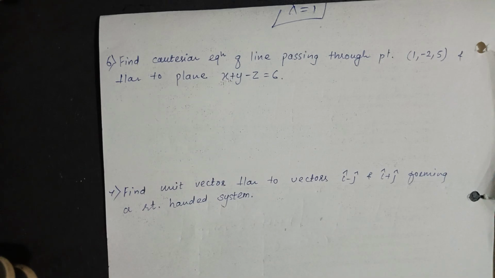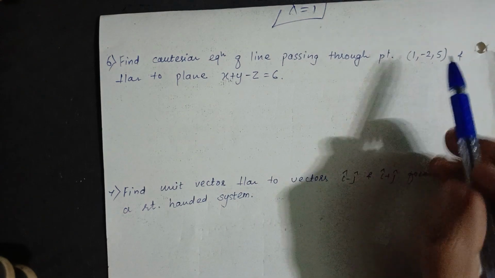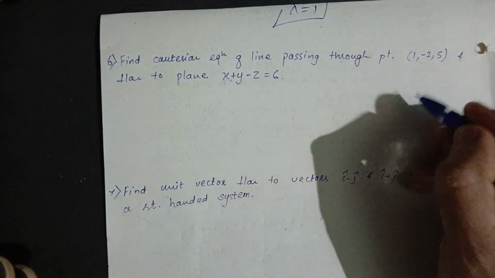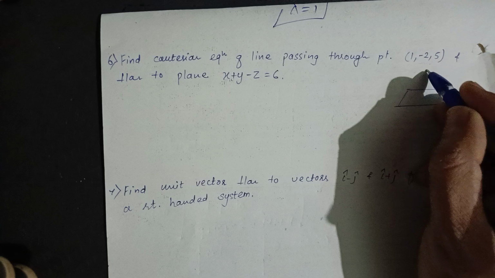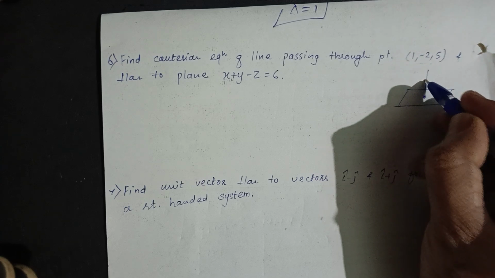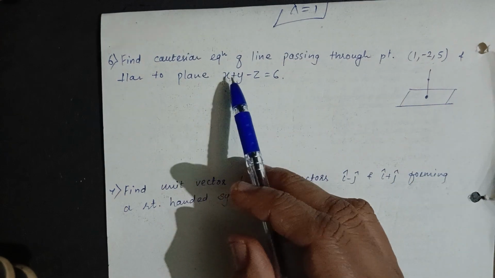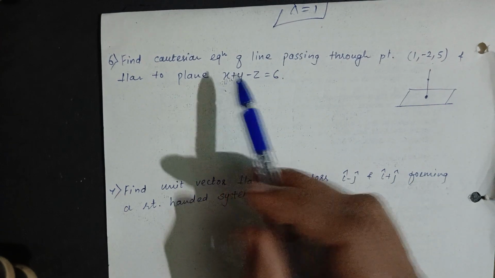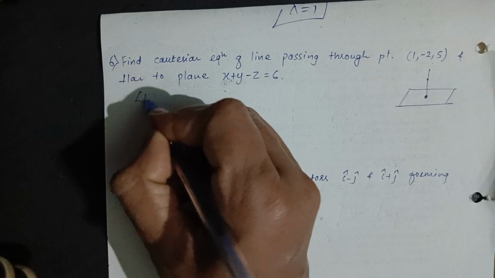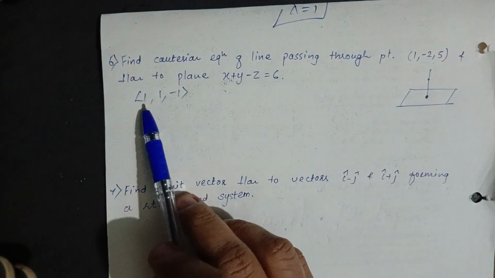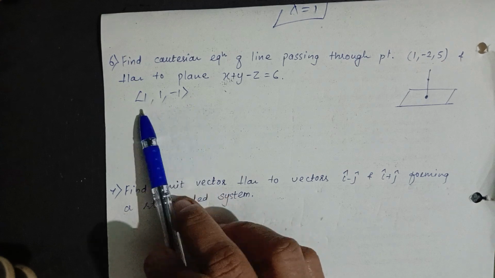Next question: you have to find the Cartesian equation of the line passing through the point and perpendicular to the plane x plus y minus z equal to 6. So this line is perpendicular and this point is on this line. The normal vector here is 1, 1, minus 1, so this becomes the direction ratios.